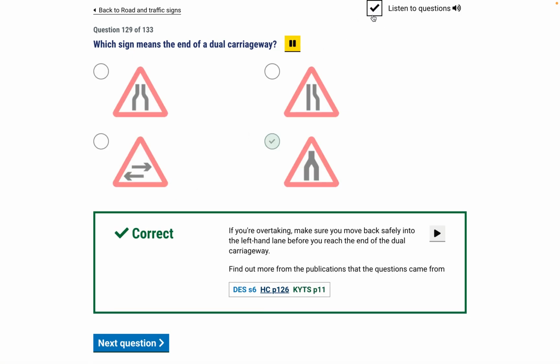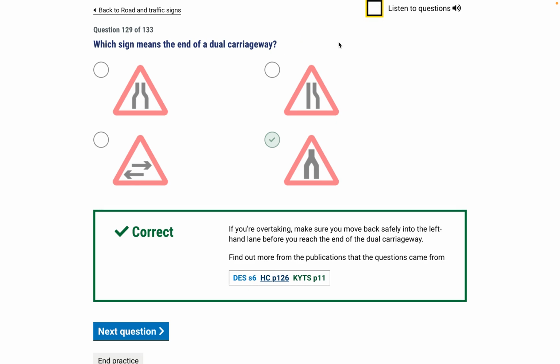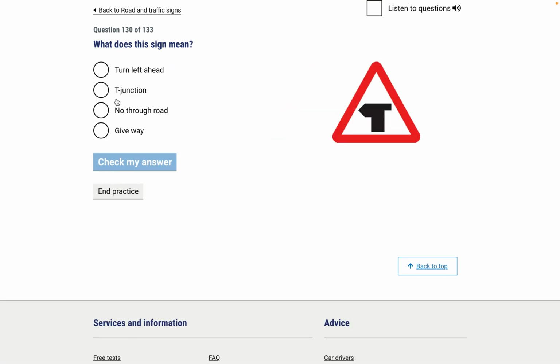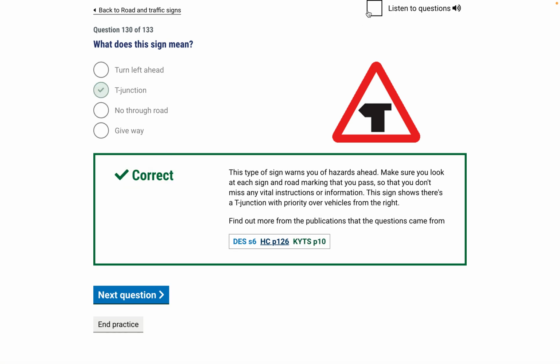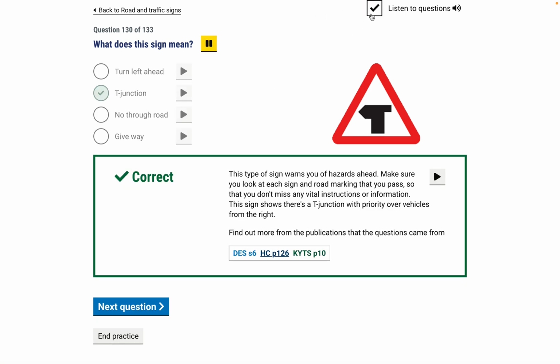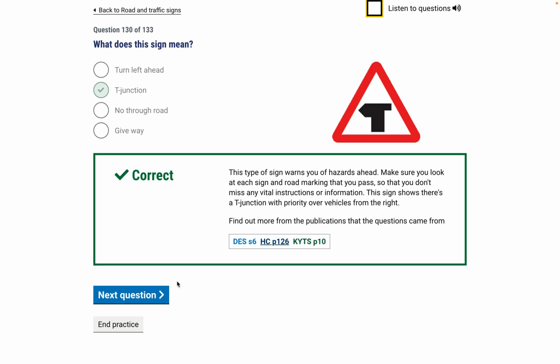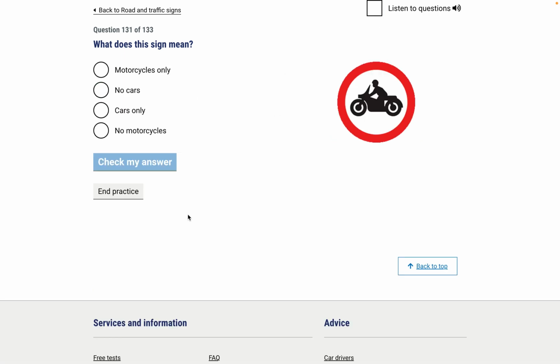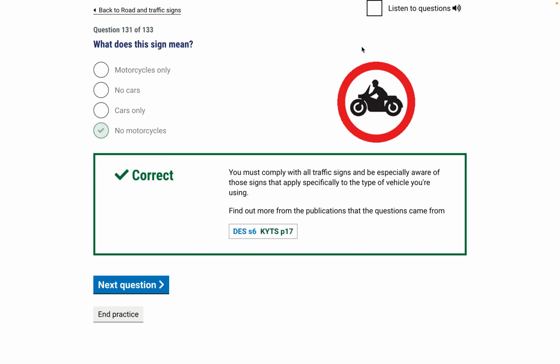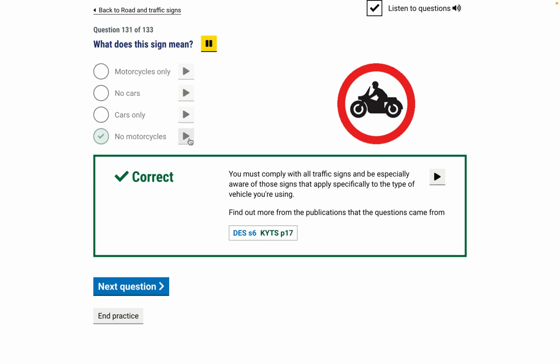Which sign means the end of a dual carriageway? What does this sign mean? T-junction. What does this sign mean? No motorcycles.